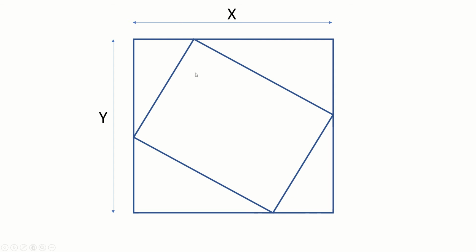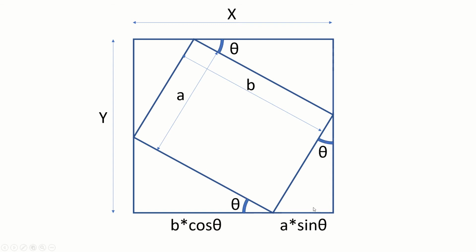Take that as x and y. Assume this is A and B. We have a theta, therefore that's theta and this is theta too. And then we get this distance equals A sine theta, because that's A, this is theta. Correspondingly, this equals B cosine theta. That distance equals A cosine theta, and this distance equals B sine theta.